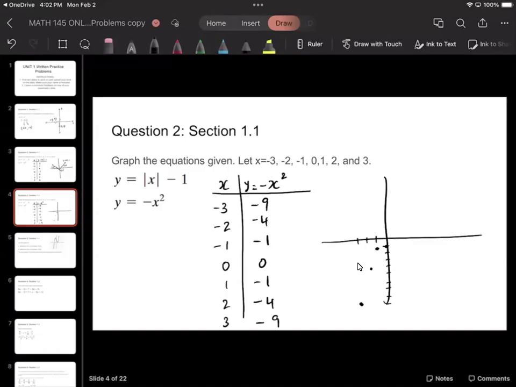Then (0, 0) is here. (1, -1) is here. (2, -4) is here. And then (3, -9) is here. So your graph is going to be a U-shaped graph facing downwards. Okay. And this is the graph of y equals negative x squared.